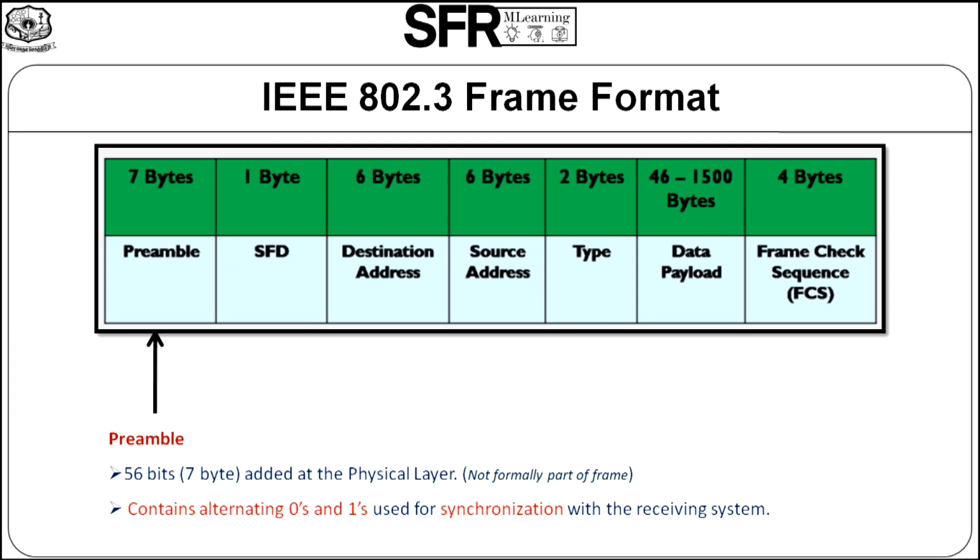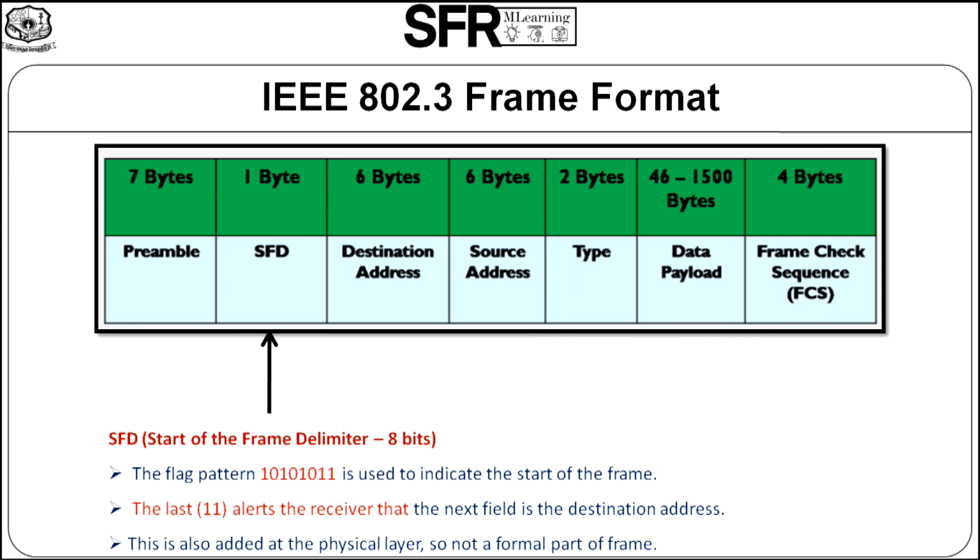For the first frame, the value of the preamble field will be all zeros, for the second frame the preamble field value will be ones, for the third frame once again 0, and for the fourth frame once again 1. So, like that, alternating zeros and ones will be placed in the preamble field. The purpose of this field is just for synchronization.